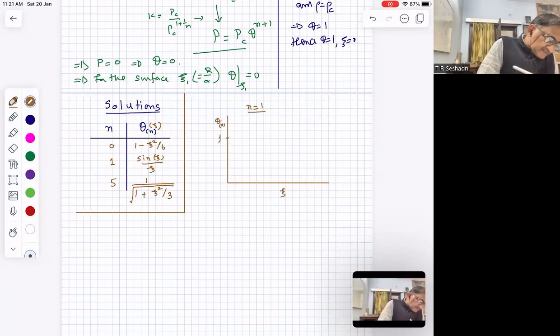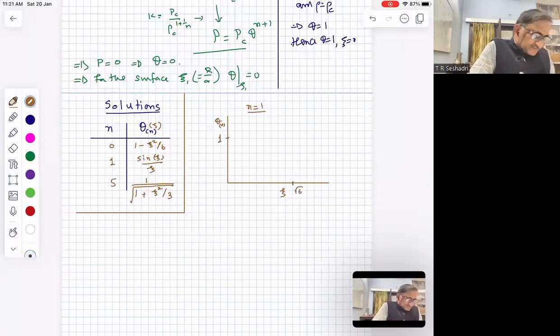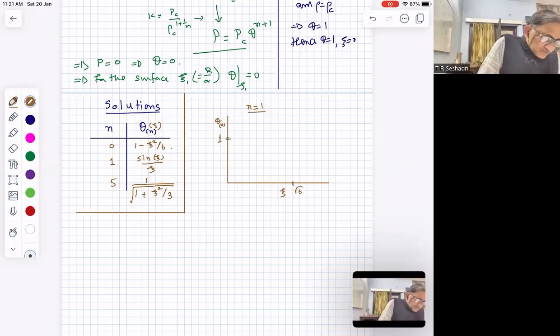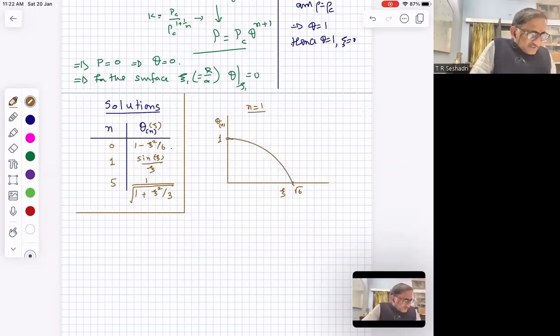And at xi equal to 0, theta is 1. And at xi equal to square root of 6, theta is 0. That's what we get from here. And in between, it is quadratic. And so it sort of goes like a parabola like this. So this is the kind of profile you have for theta.